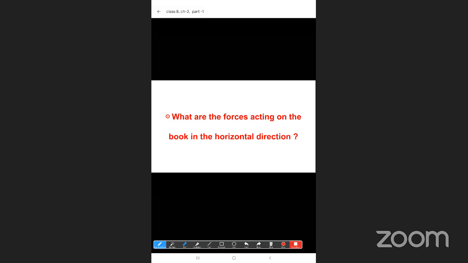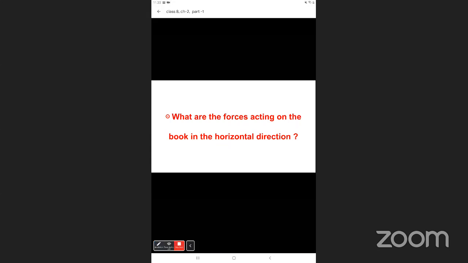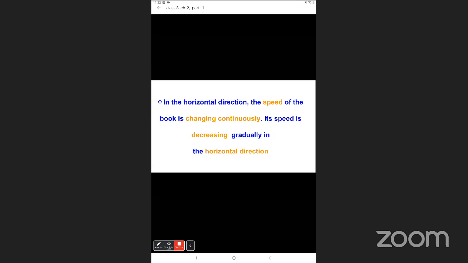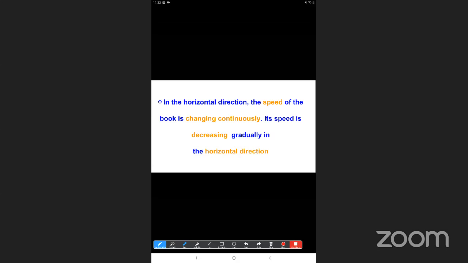Now, what are the forces acting on the book in the horizontal direction? In the vertical direction, gravitational force and normal force are acting on the book.